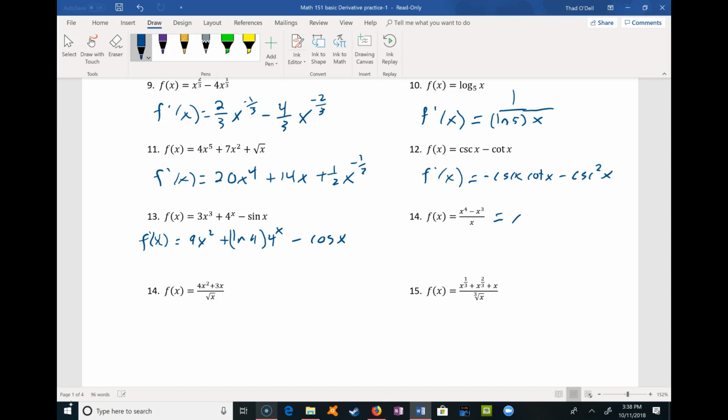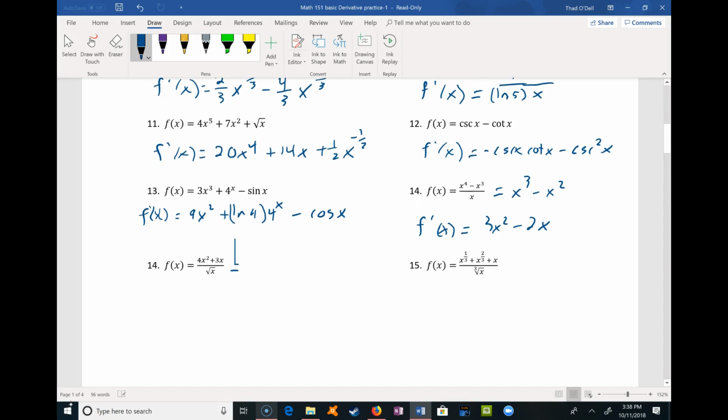This I just divide the x in first, so I get x cubed minus x squared. So then the derivative would be 3x squared minus 2x. This, again, I divide the x to the 1/2 in first. And that'd be 4x to the 3/2 plus 3x to the 1/2. Then I'd take the derivative, and that would be 6x to the 1/2 and plus 3/2 x to the negative 1/2.